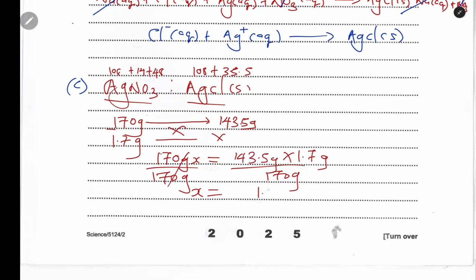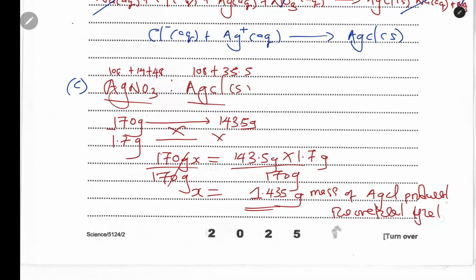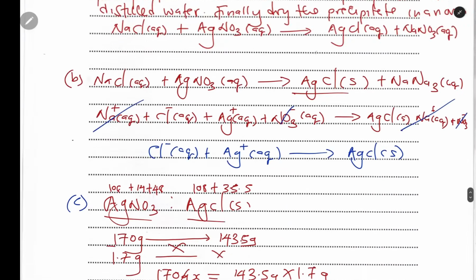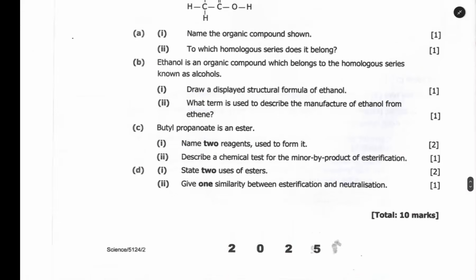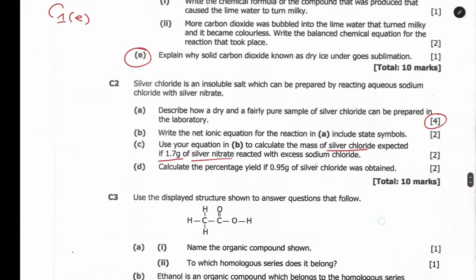Should be able to give us 1.435 gram. Confirm if that is what you're finding. Otherwise, this is the mass of AgCl produced. So this is what we call theoretical what? Theoretical yield. Okay, so that is how we calculate this question.